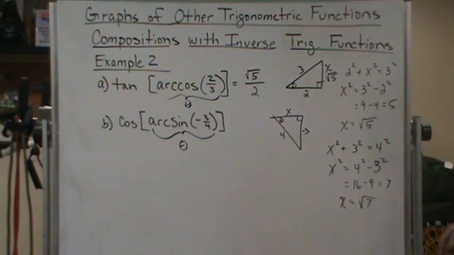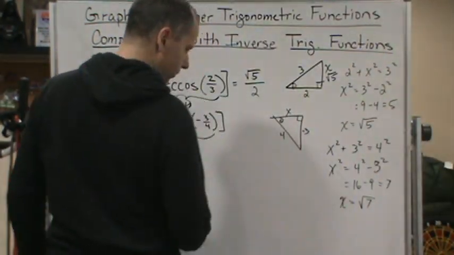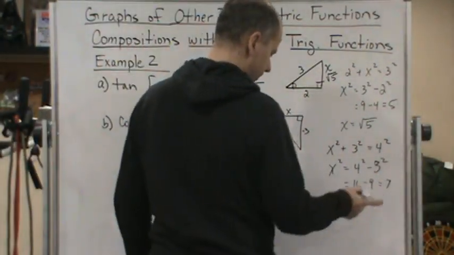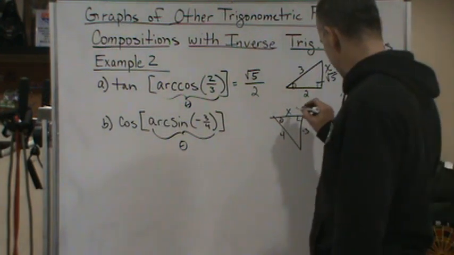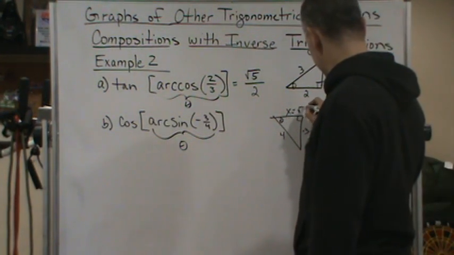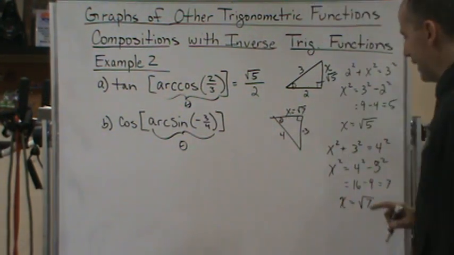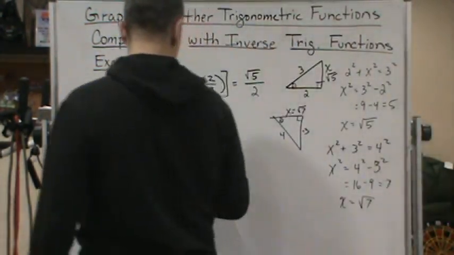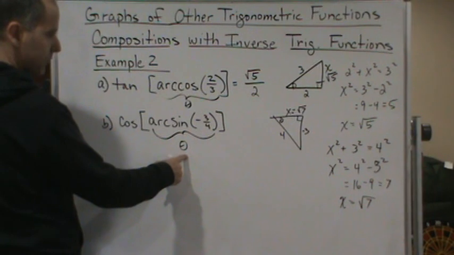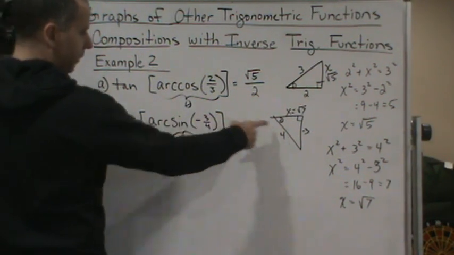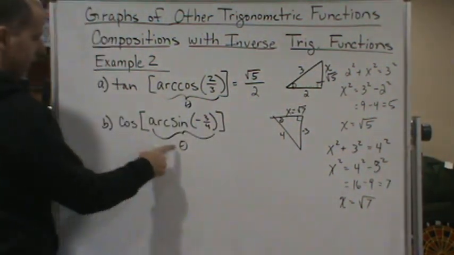Oh, you know what? I knew something wasn't looking right. Anyway, I'm just going to finish it up. So this is going to be square root of 7. Again, I'm not solving for the angle specifically. I'm just using my right triangle because I need cosine of theta.